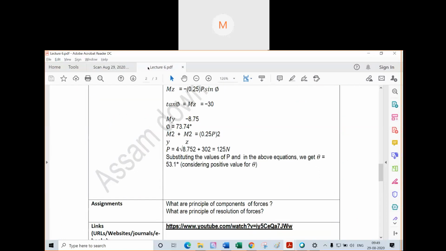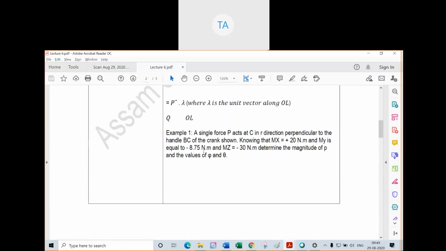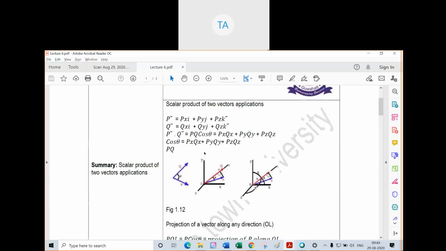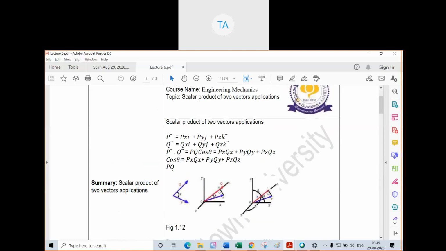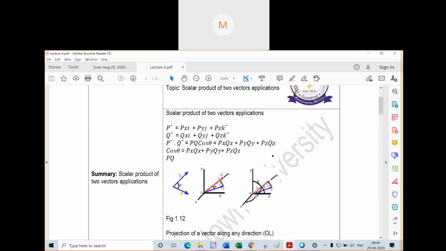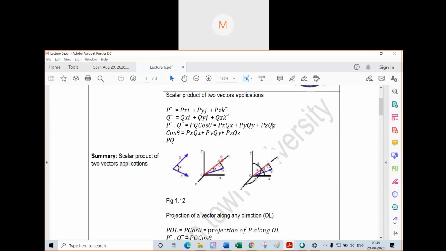Now let us go to another topic: scalar product of two vectors and its applications. So what is a scalar product? This is simple.